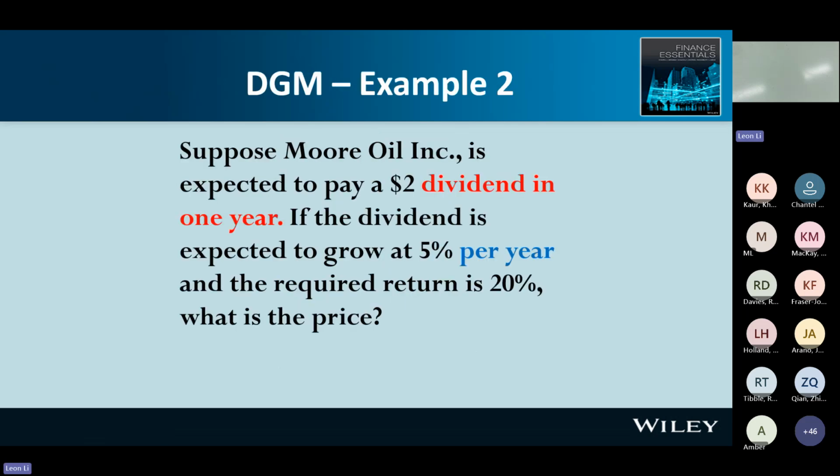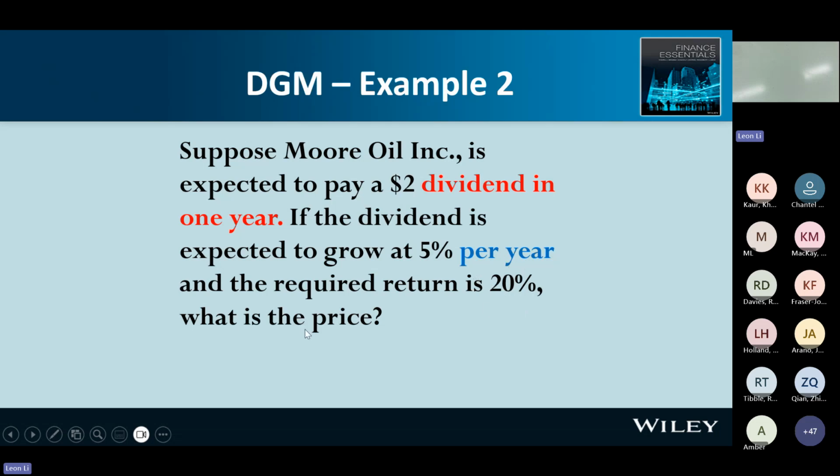One more example, example 2. Again, another company, the dividend, $2. The company will pay $2 dividend in 1 year. That means $2 is D1, right? In this example, D1. Dividend is expected to grow at 5% per year. So 5% is our G variable. Required return 20%. This is our R variable.